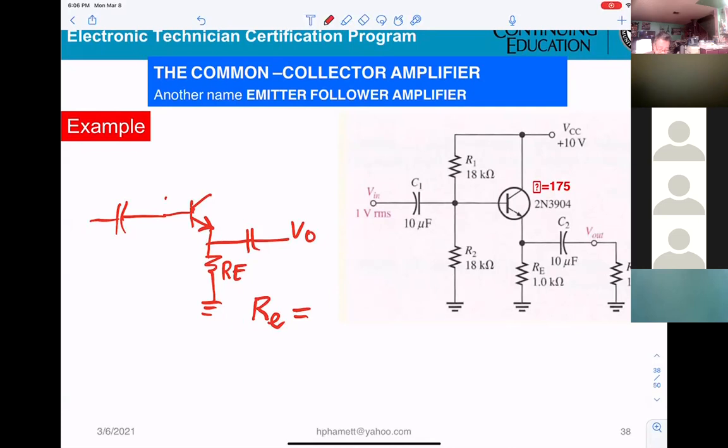R big E in parallel with RL. No, we don't have an RL here. It's R small e, big E. Exactly.